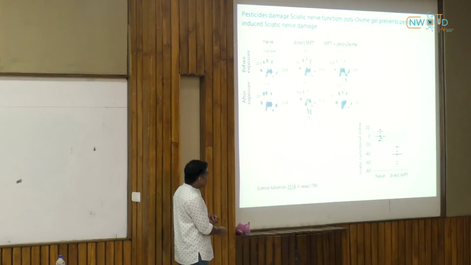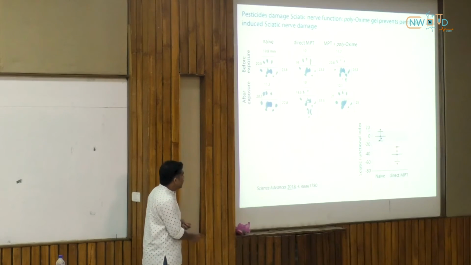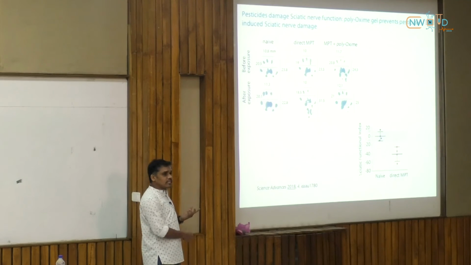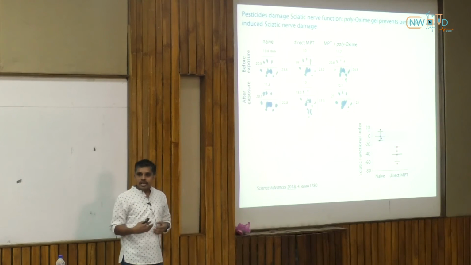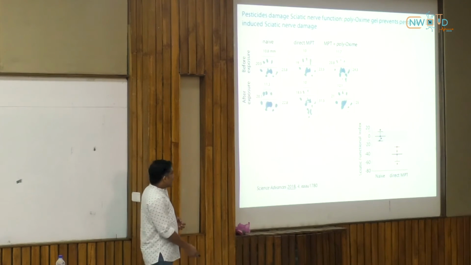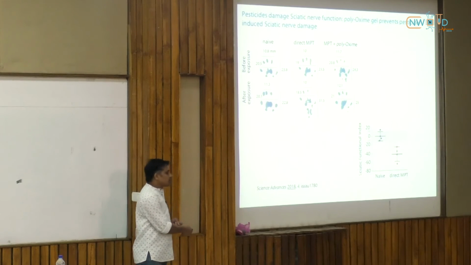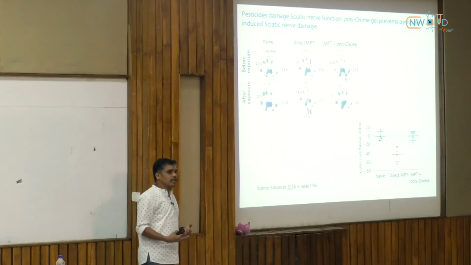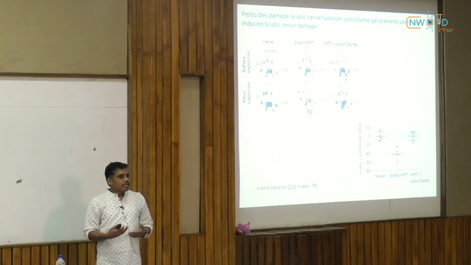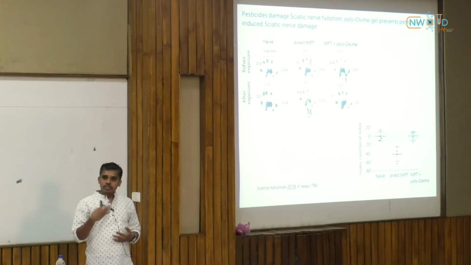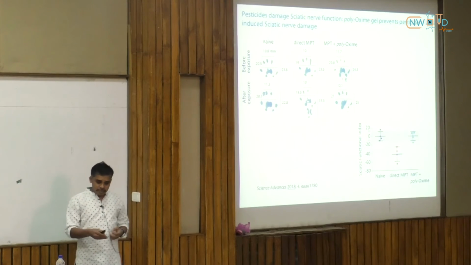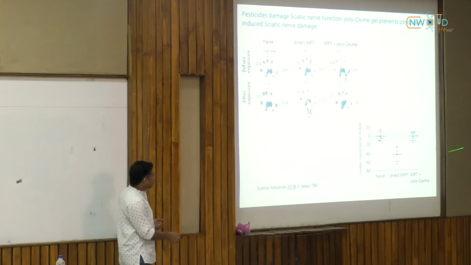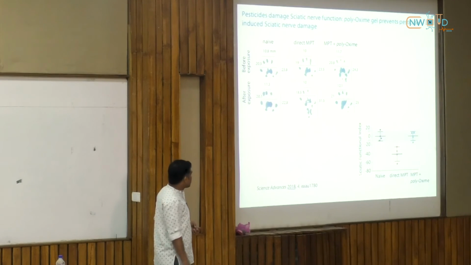When you expose these animals, you can see a drop of SFI as low as -60, which is clearly suggesting severe damage of the sciatic nerve. But the same dose of exposure in the presence of polyoxime gel is as good as your healthy animal. Which is clearly suggesting that indeed this gel has the ability to decontaminate or degrade pesticide before entering into the body to protect against neuronal toxicity.